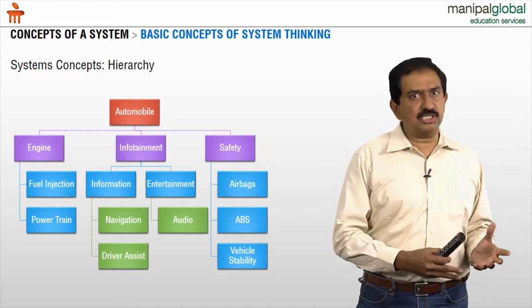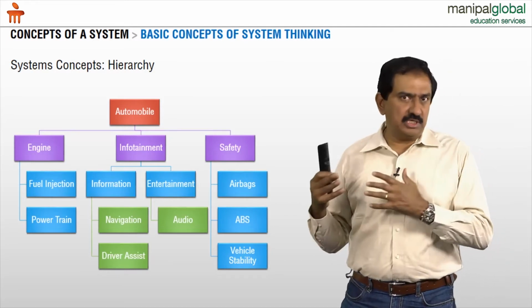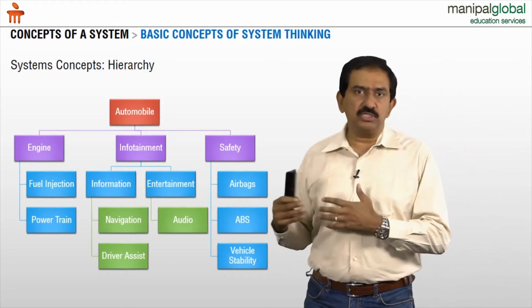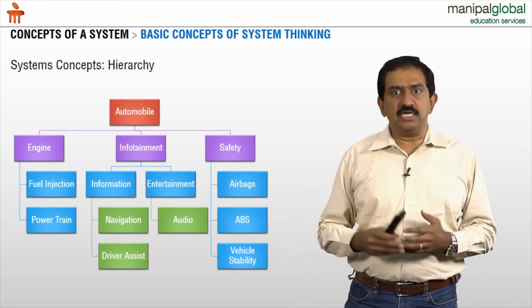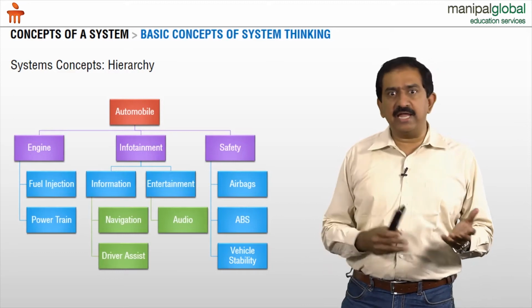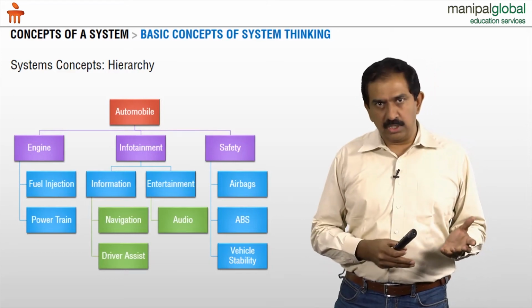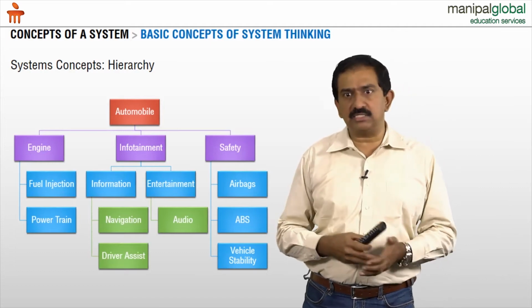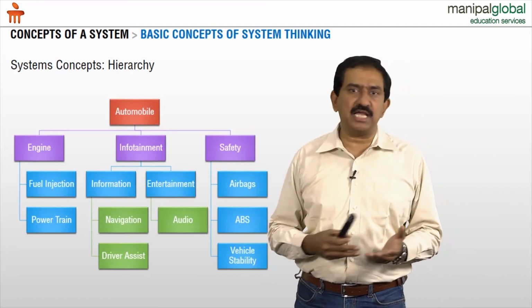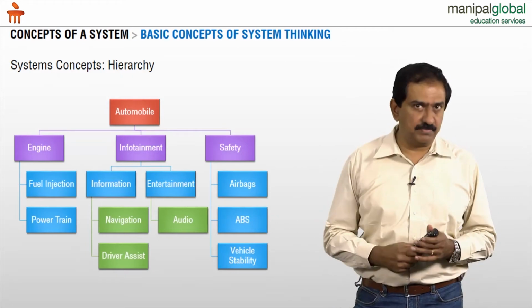So you've got the engine subsystem, the infotainment subsystem, and the safety subsystem. The engine subsystem in turn consists of fuel injection and the powertrain, while the safety subsystem consists of airbags, anti-lock braking systems, and vehicle stability.